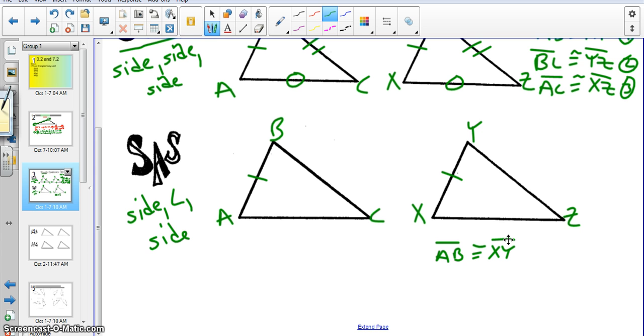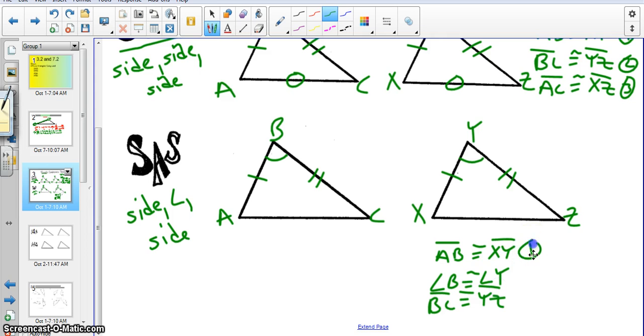Now remember, our included angle here would either be angle A or angle B. Let's go ahead and refer to angle B. Therefore, its corresponding angle would be angle Y. Well, then the only corresponding sides to angle B would be AB, which we already have, and then the other one would be BC. Therefore, side BC must be congruent to side YZ.